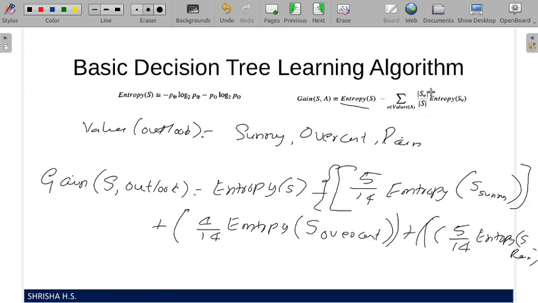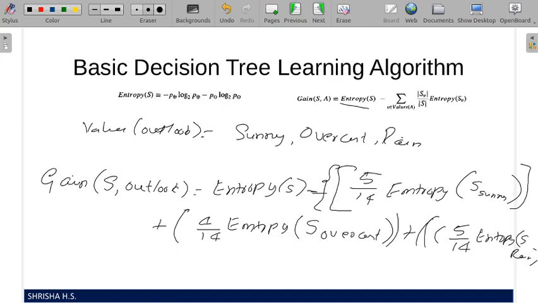SV means sunny, overcast, rain, so those values it will take one at a time. S means the total number of instances we are considering. Initially we are considering 14 instances, the whole data set, and out of them 5 are sunny. We multiply by the entropy of the instances where the outlook is sunny.